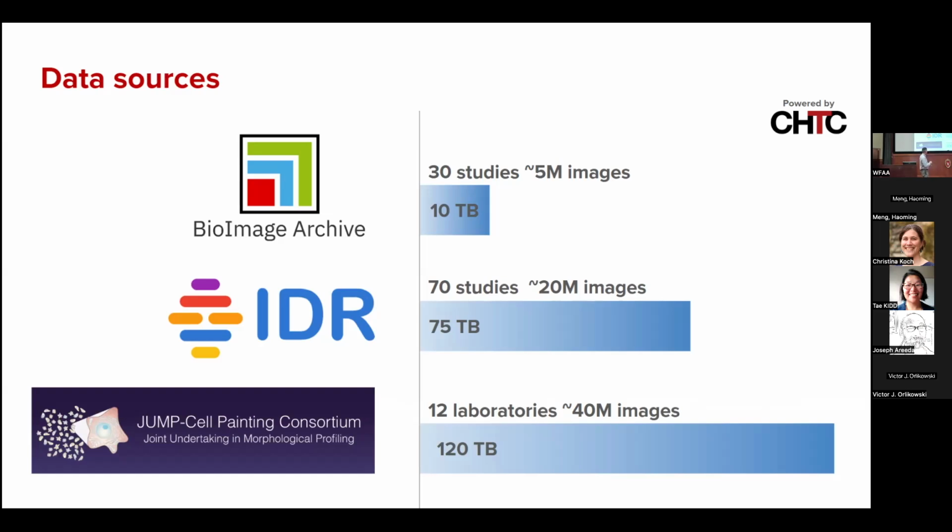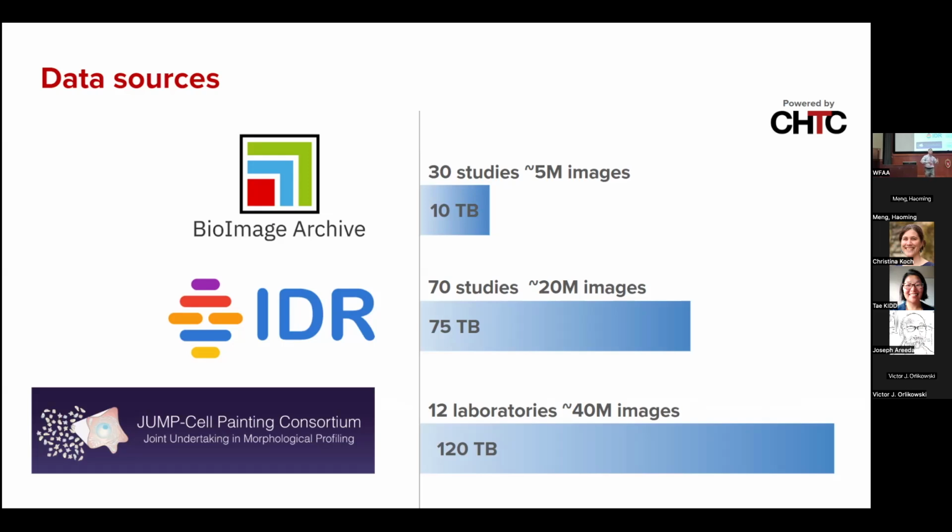We also use the Image Data Resource, and we collected 70 studies from this repository for a total of 75 terabytes of data. And there is a consortium of image-based biological experiments, which is called JUMP. That one has 12 laboratories contributing images constantly, and we collected 120 terabytes from that repository as well.